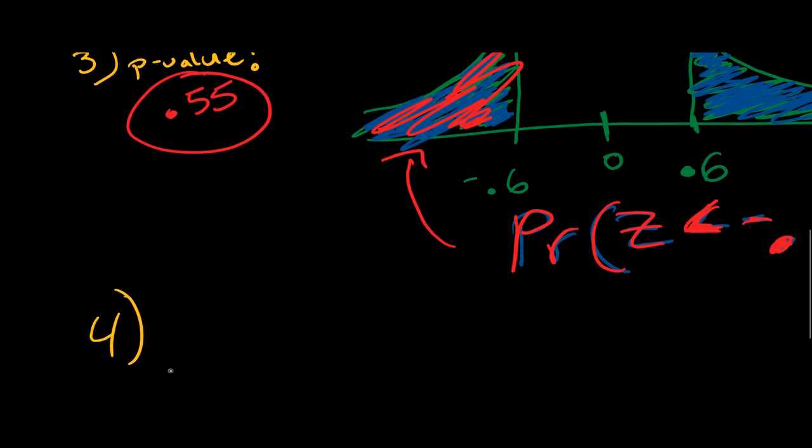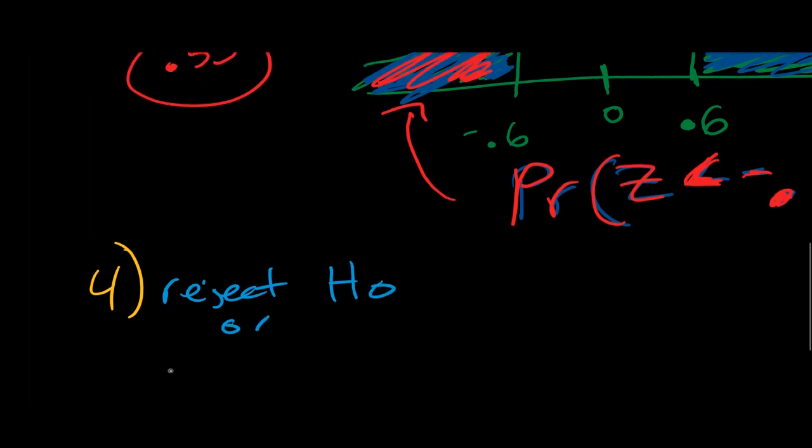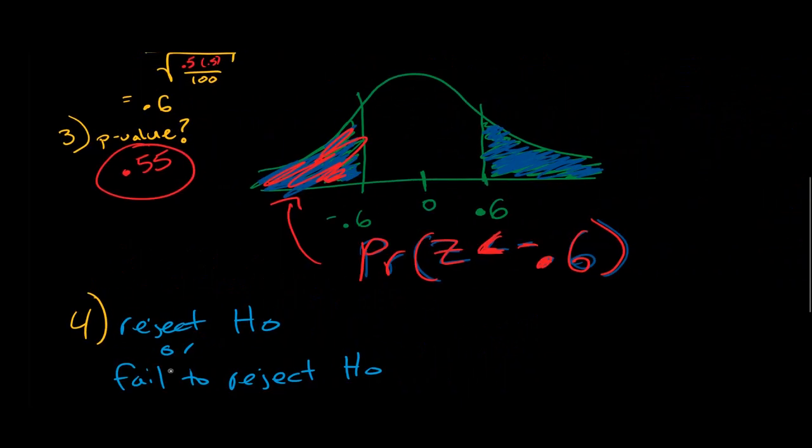Do we reject H0, or do we fail to reject H0? Okay, those are our two choices. And how do we make this decision? In general, we reject the null hypothesis when our test statistic value, 0.6 in this case, is extreme, right?